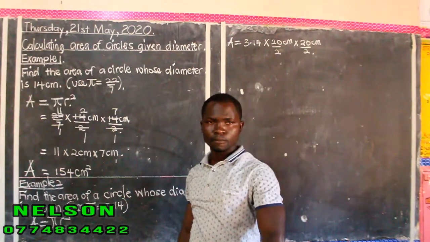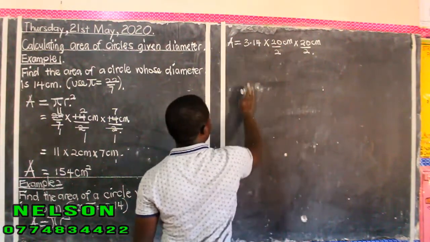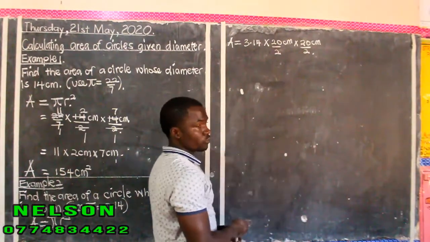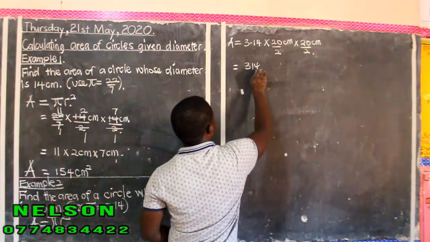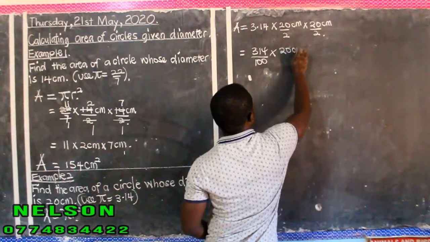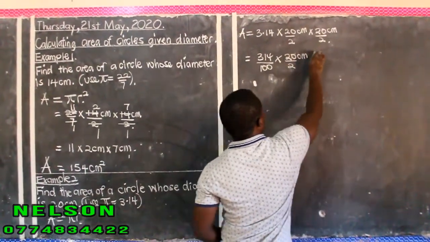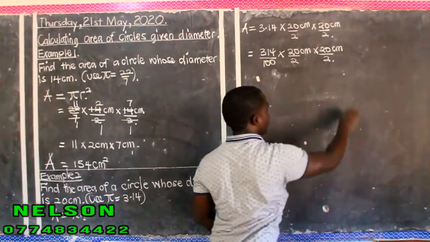Okay? Simplify. Before you simplify, come down and write a fraction for 3.14. And this will now be 314 out of 100 times 20 centimeters out of 2 times 20 centimeters out of 2. Are we following?